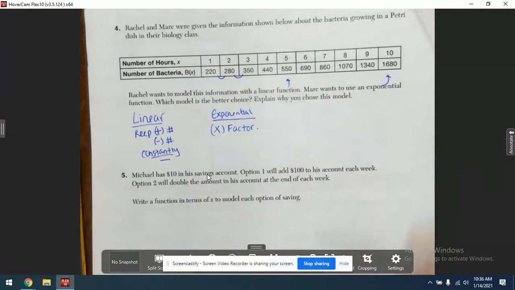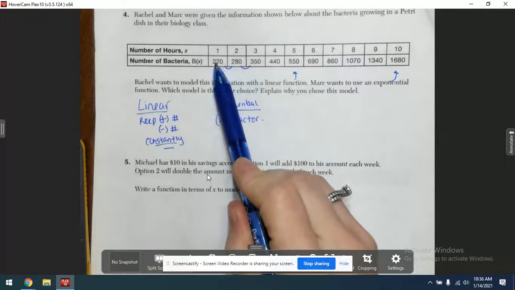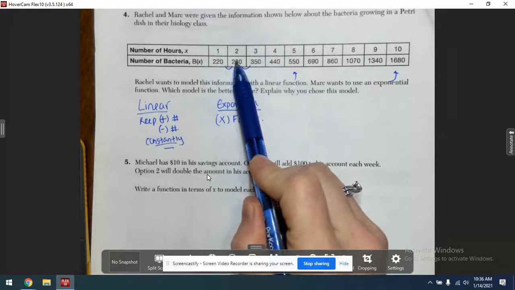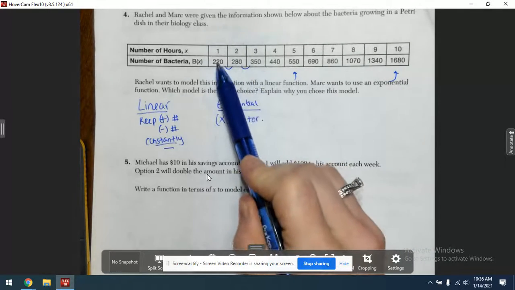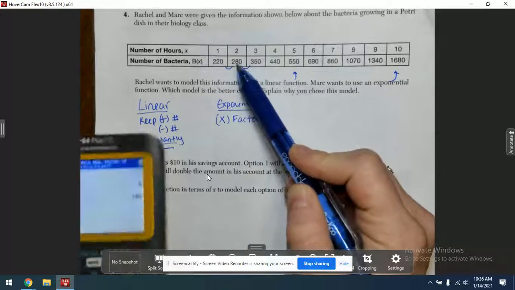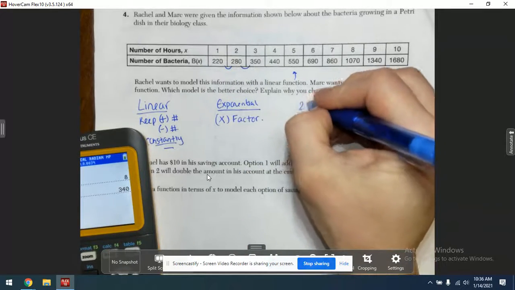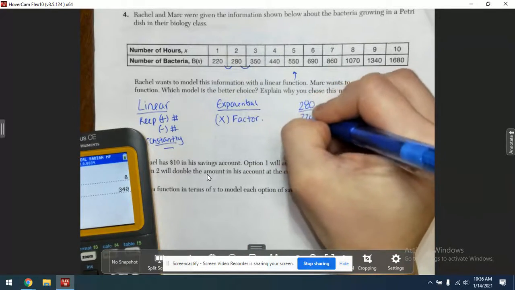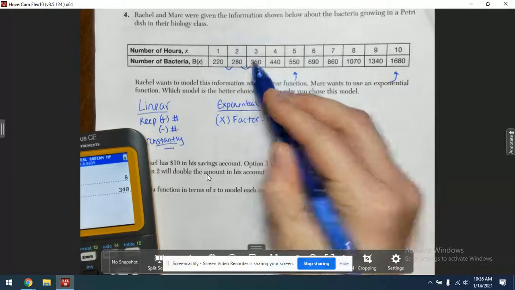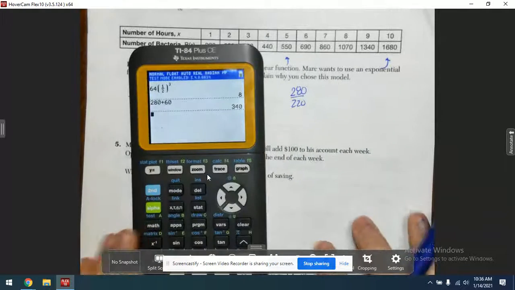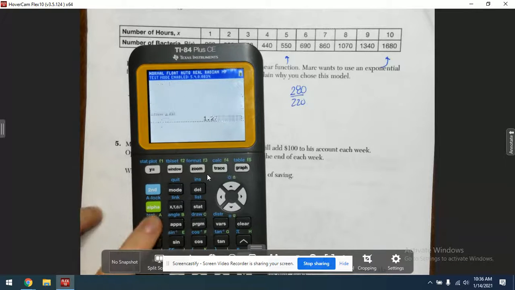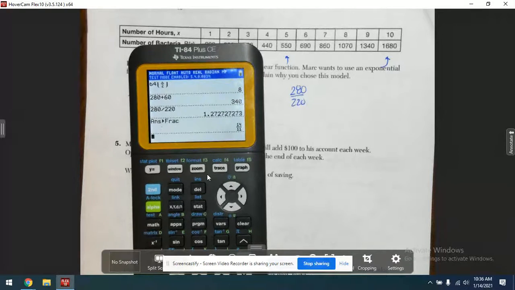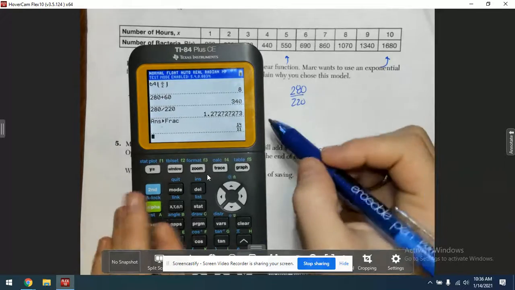So how do we find what I multiply to get here? Well, if 220 times what is 280? If you divide 280 by 220, you'll know what you multiply by. So divide 280 by 220, or any number by the one before it, and you'll know the growth factor. So 280 divided by 220. And it's 14/11ths. And I know that's like a weird number to keep multiplying by, but let's go see if it's right.